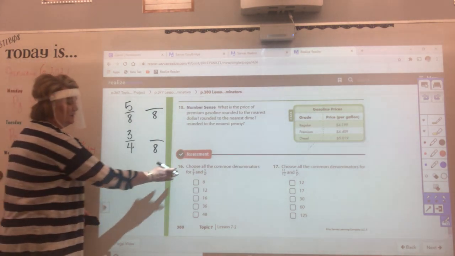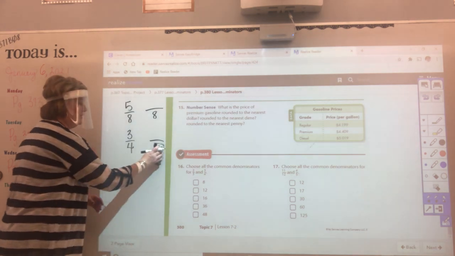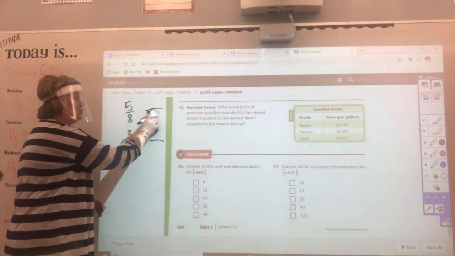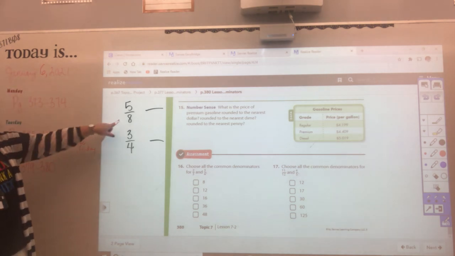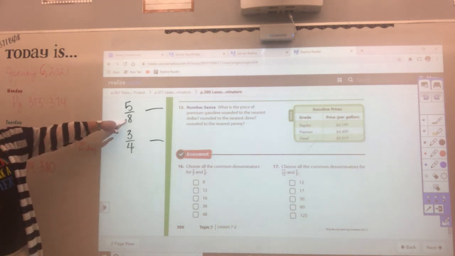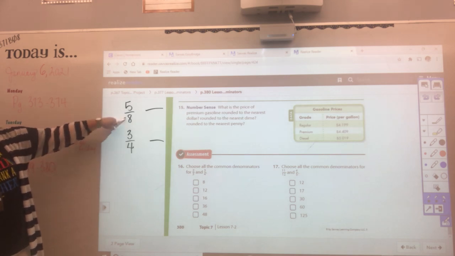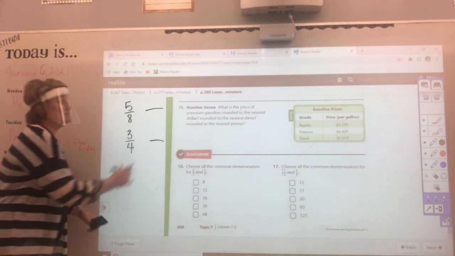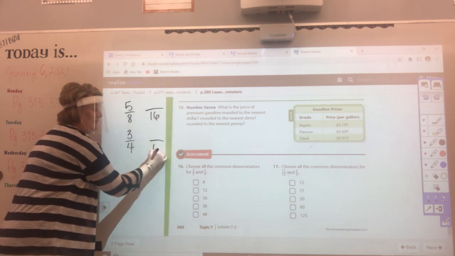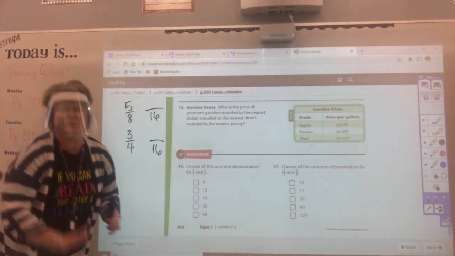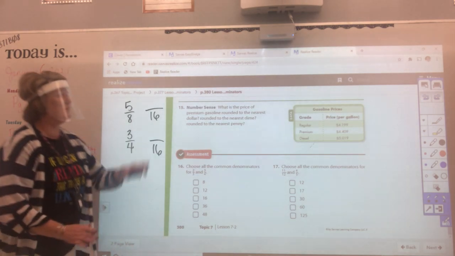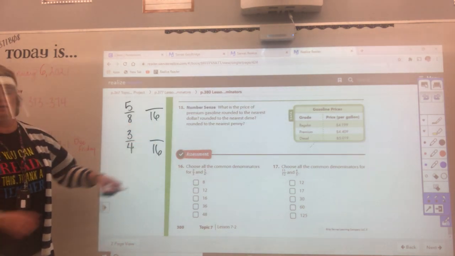But on the back down here, what they're doing is they're giving you more choices than just the lowest. And I'll show you why. What if, right here, we would have said 8 times 2? What's 8 times 2? 16. Is 4 times anything 16? Yes, it is. So that could have worked too. But you know why we didn't pick that? Because it wasn't the lowest. But it's still a common denominator.